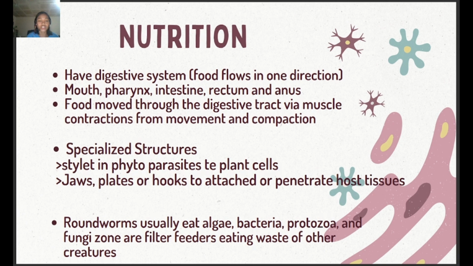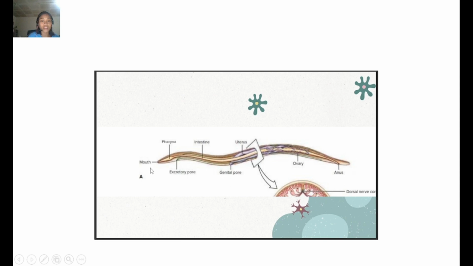It starts with the mouth, the pharynx, the intestine or the gut, then goes out through the anus. So, the process of digestion is that the food enters the mouth. The mouth is the starting point of the digestive system, so it is the sign that digestion has started.